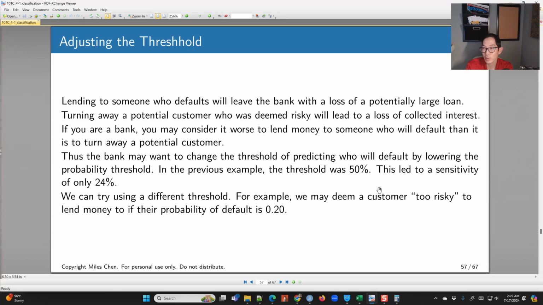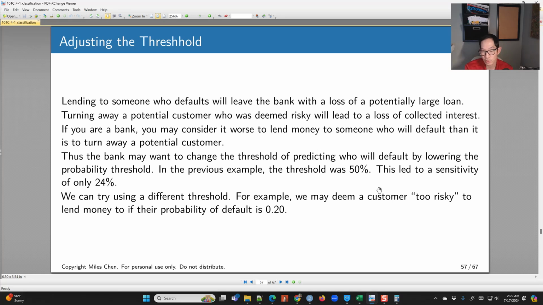So you might be willing to turn away 5 good customers if that means you avoid 1 bad customer that's going to default. So you might want to change the threshold of predicting who's going to default by lowering that probability threshold.